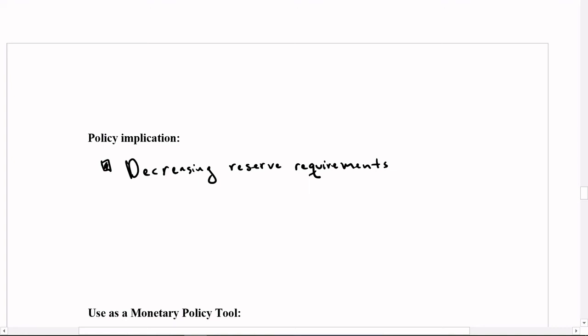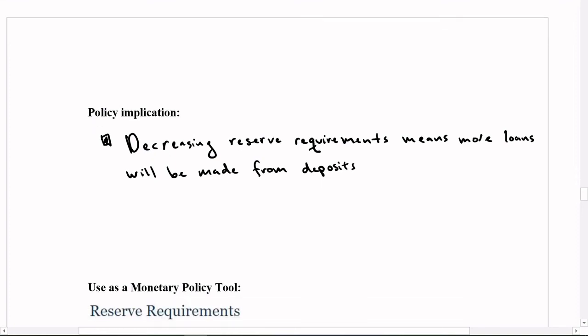Decreasing reserve requirements means more loans will be made from deposits. As a result, in conjunction with that, the money multiplier increases.